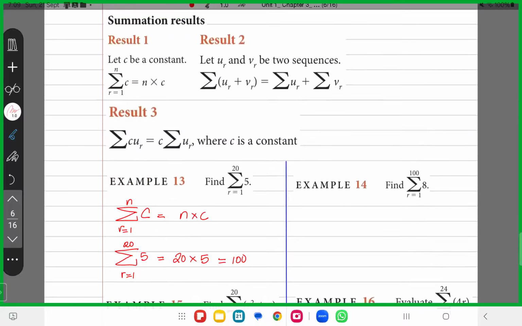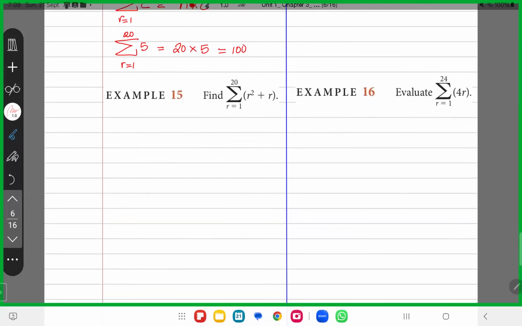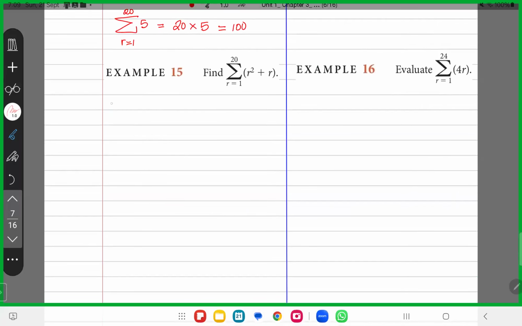Now, from summation result 2, I can separate this by saying that the sum from R equals 1 to 20 of R squared plus R is the same as the sum from R equals 1 to 20 of R squared plus the sum from R equals 1 to 20 of R.